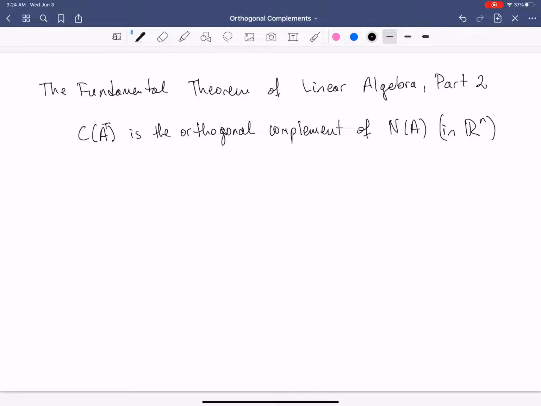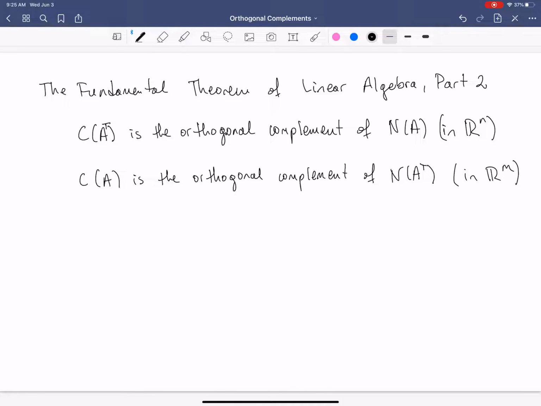And the column space of A is the orthogonal complement of the left null space. And this is happening in Rm, right? So the column space and the left null space put together completely describe Rm.